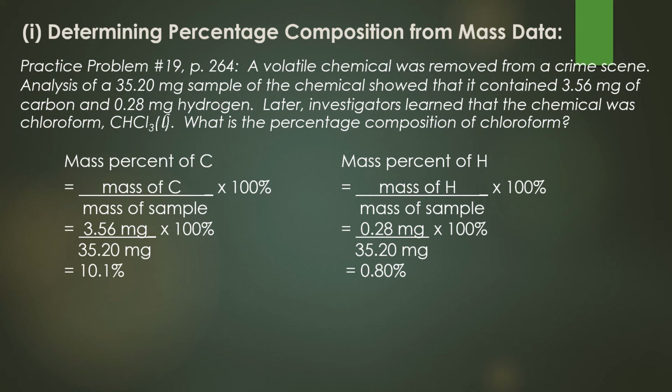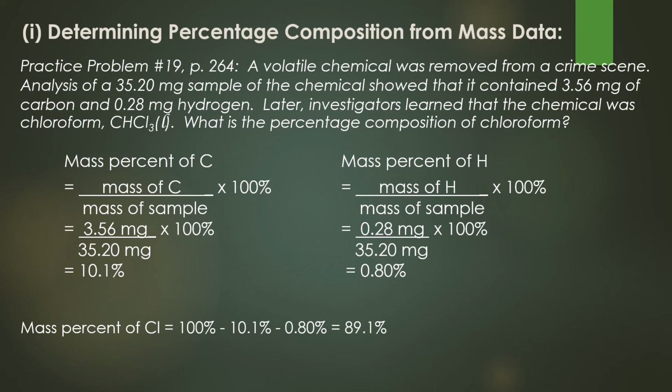Now, if you want to go ahead and do chlorine, there's a couple ways to do it. Probably the simplest way is to just take 100% and subtract the other percentages you've calculated, because everything else is going to be chlorine. So you can do 100% minus the 10.1% from carbon and minus the 0.80% from hydrogen, and that'll give you 89.1%.